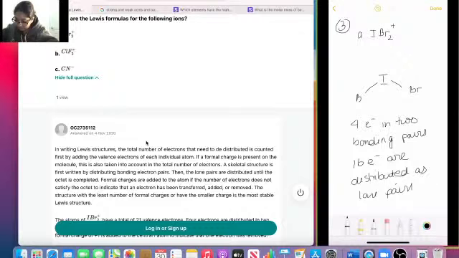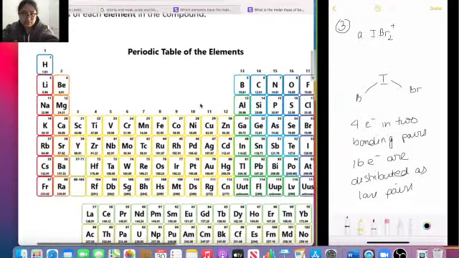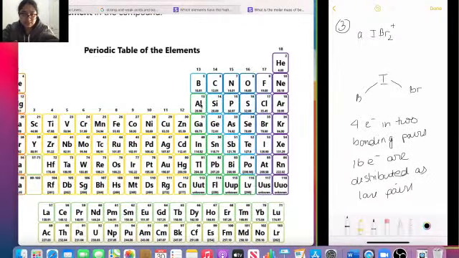right? So if we look at our periodic table over here and look at iodine, it's part of group 7, so it's gonna have 7 valence electrons, basically.